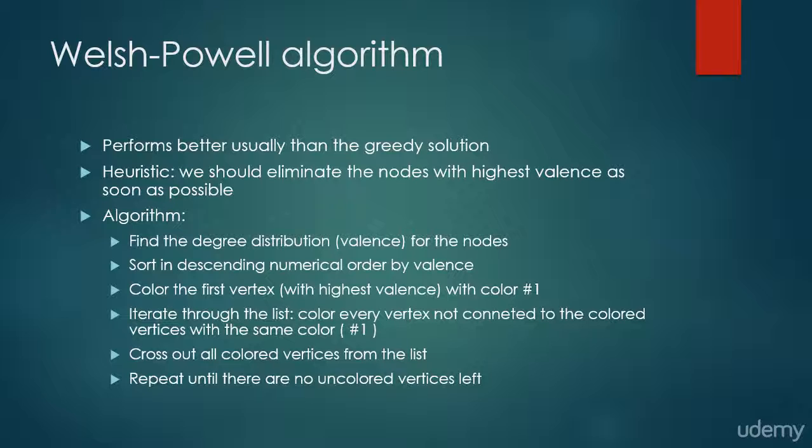Iterate through the list, and color every vertex not connected to the colored vertices with the same color. In this situation, it is color 1, but as we keep incrementing our color number, it can be 2, 3, whatever. Cross out all colored vertices from the list, and repeat until there are no uncolored vertices left. So it's very, very easy.